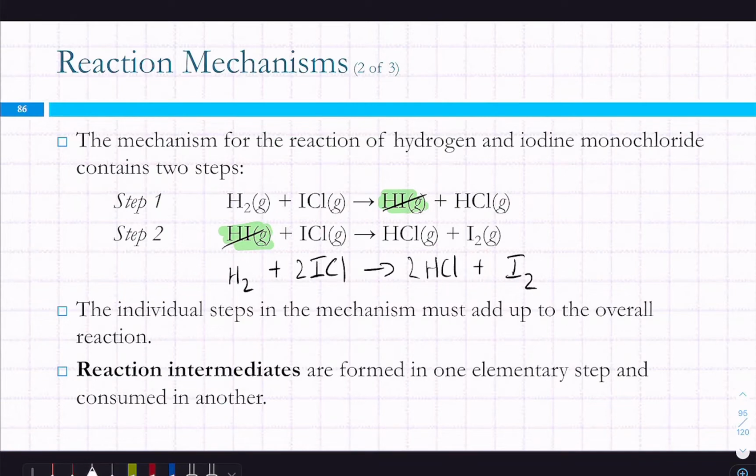So we add these together, and if something ends up on the left and the right side of the reaction, then it cancels out. So these species that are formed in one step, the hydroiodic acid, and then consumed in the next step, are reaction intermediates. They occur only, usually, temporarily before being converted into the final products.